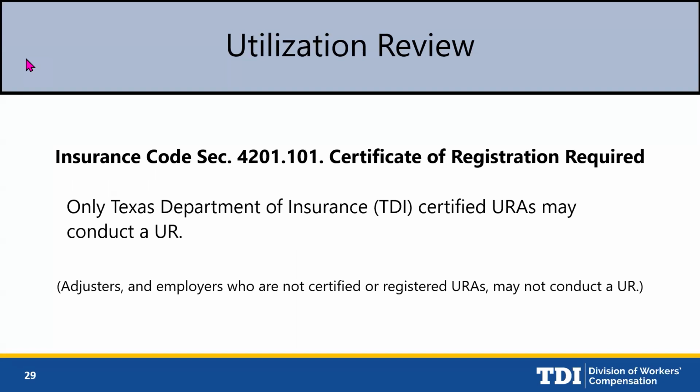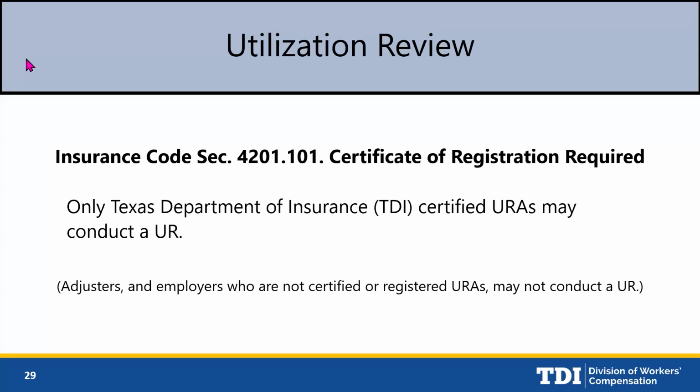And the Texas Department of Insurance certifies URAs to operate in our system. So only certified utilization review agents can make medical necessity decisions through utilization review. Adjusters or employers or anyone else that's not certified as a URA may not conduct utilization review. So make sure you hear me on that.